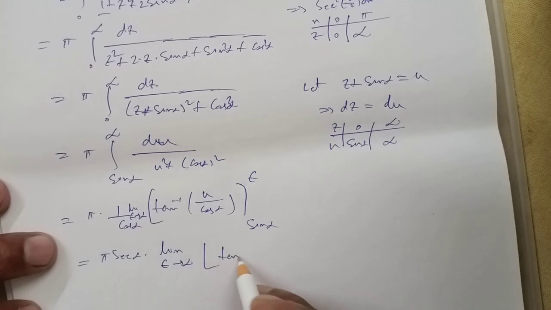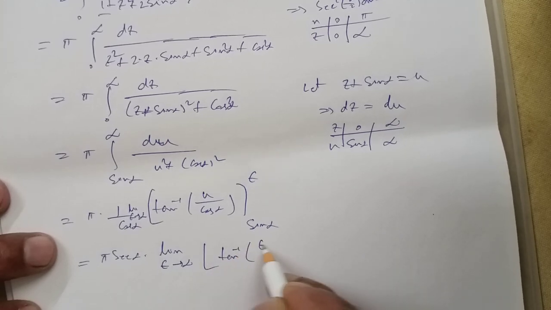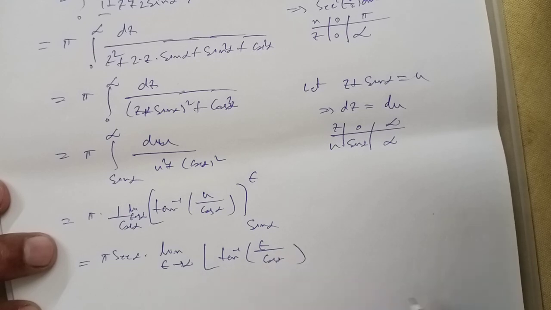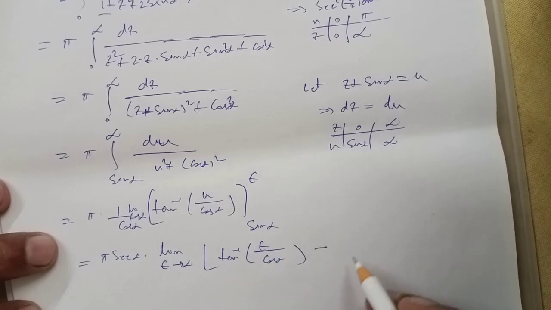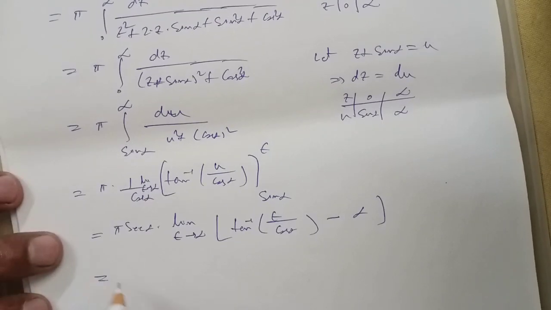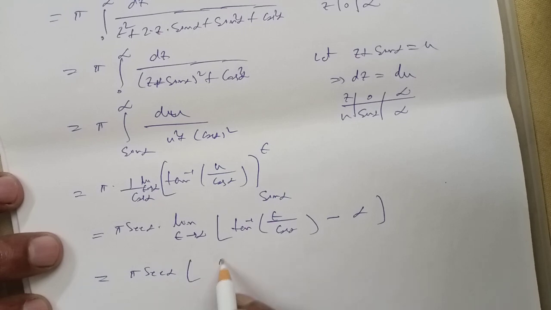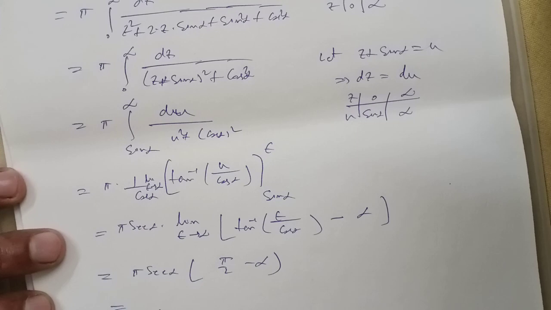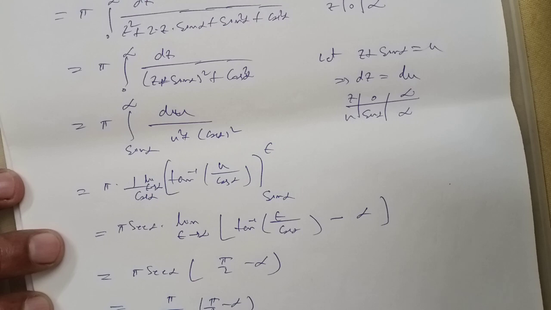This is tan inverse of epsilon by cos alpha minus tan inverse of tan alpha, that is alpha. Now this becomes pi sec alpha, this is pi by 2, this is alpha. So we get our answer as pi by cos alpha into pi by 2 minus alpha.